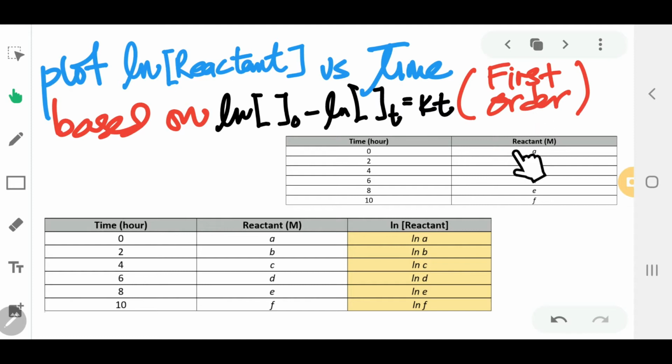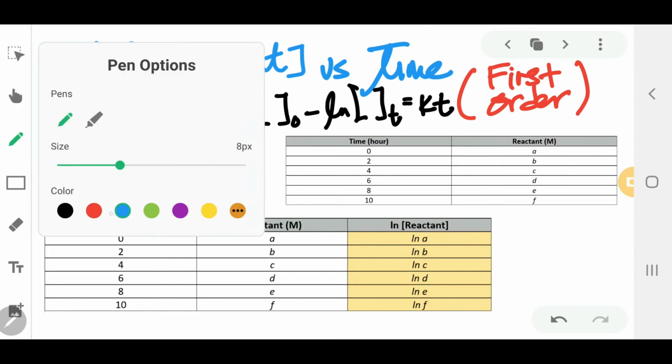Because the question gives you the table like this, you have to modify the table a little bit. You're going to convert the concentration of reactant into ln concentration of reactant before you plot the graph.